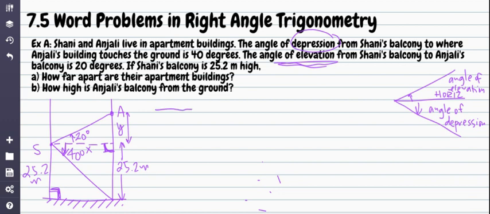So I'm going to redraw Shani's angle of depression. And so here's Shani. Maybe I'll label this P or something, P for point. This is going to be 40. And this is going to be 25.2. Now, you don't have to redraw these, but sometimes it helps if you've got a lot of triangles going on to just clear it up a little bit, right?